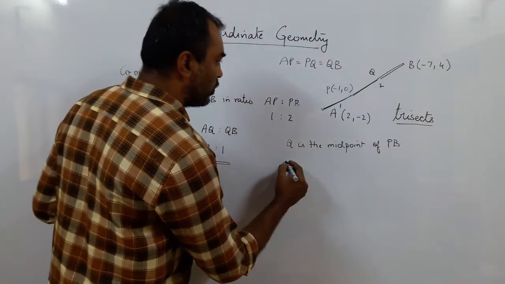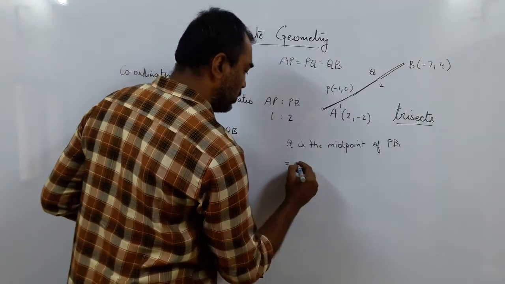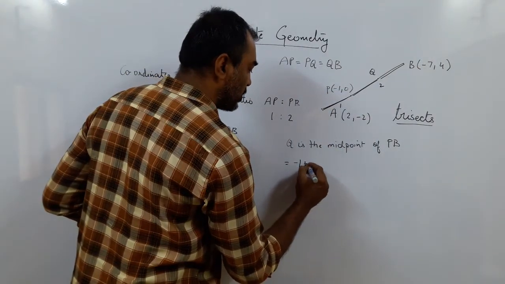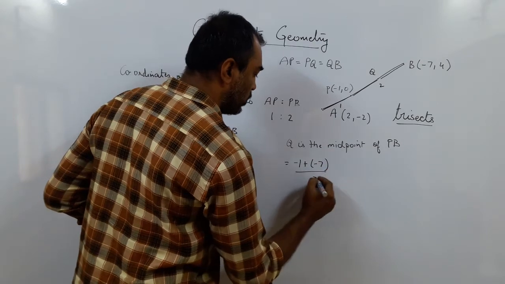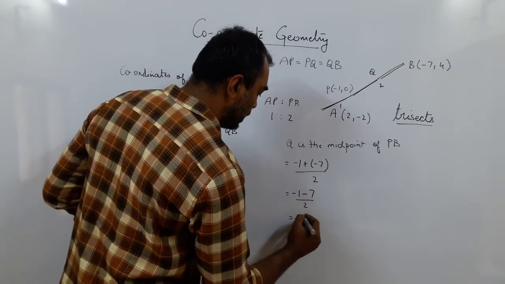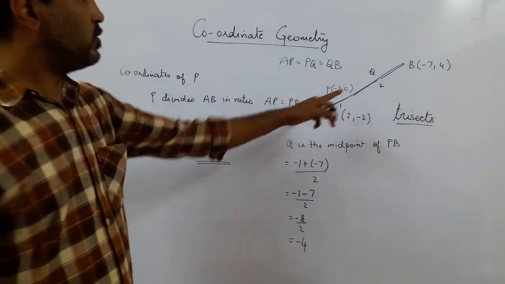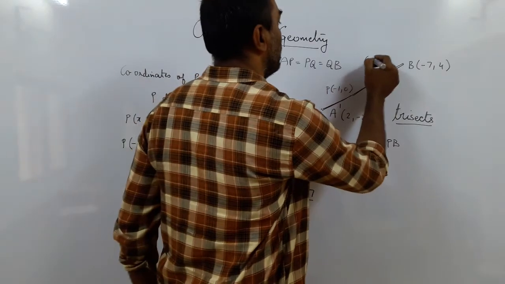So what is the midpoint equal to? x1 plus x2 upon 2, that is minus 1 minus 7 upon 2, minus 8 upon 2, or minus 4. So this point is minus 4.